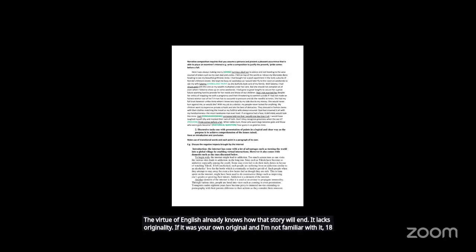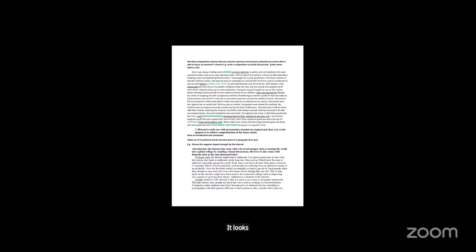But because maybe you have crammed that story and I'm very familiar with it, it looks bookish, crammed. Most probably I'll give you 13. Imagine 18 to 13. That's how much you will have made yourself to be at a disadvantage because of being bookish, cramming.